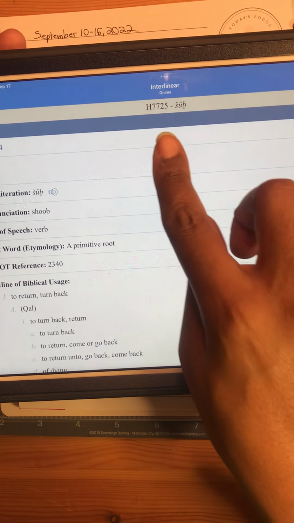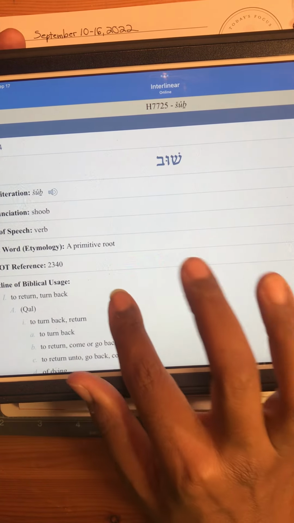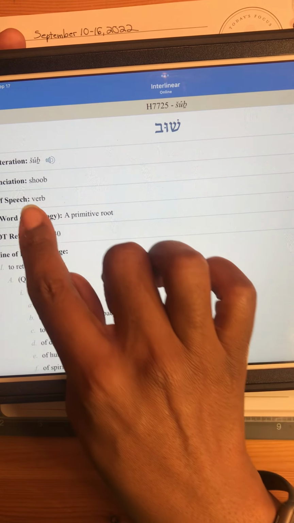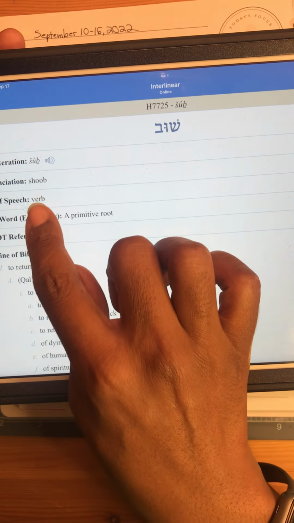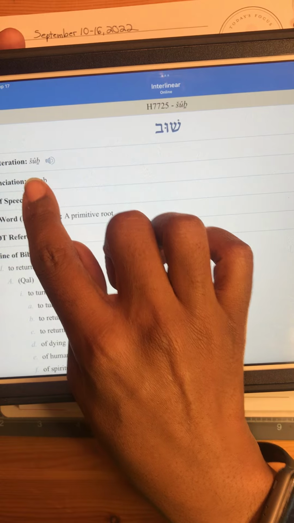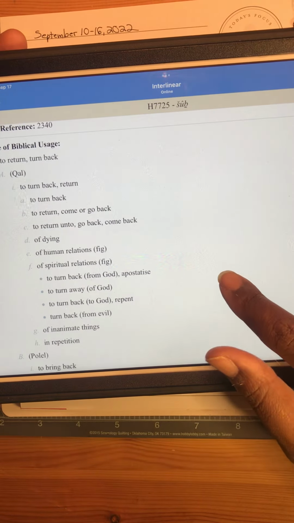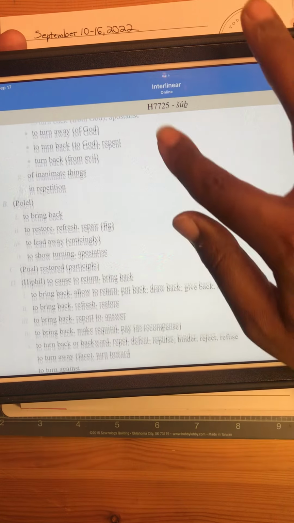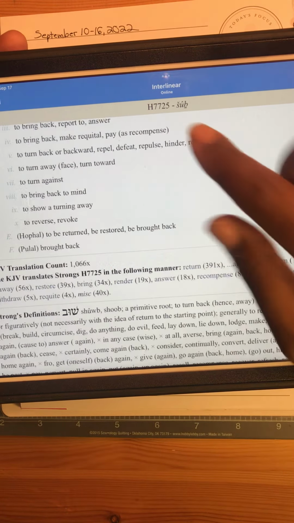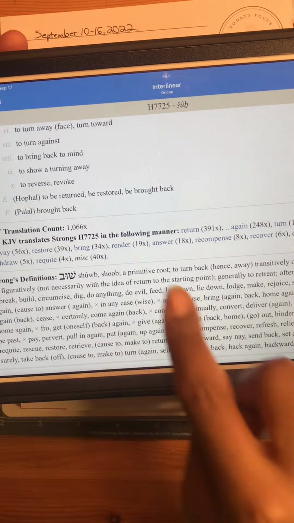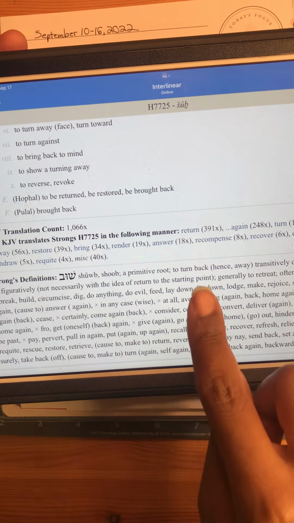This is H7725. The pronunciation guide tells us that it's pronounced shub, spelled S-U-B, and then it tells us what that word means. If you keep scrolling down, it'll tell you where else you can find that word in the Bible.